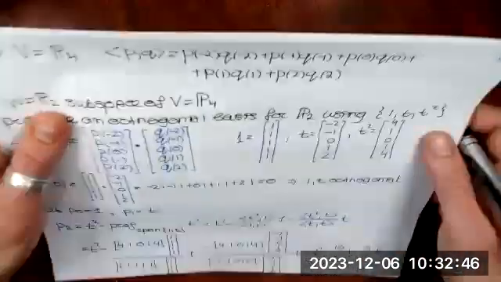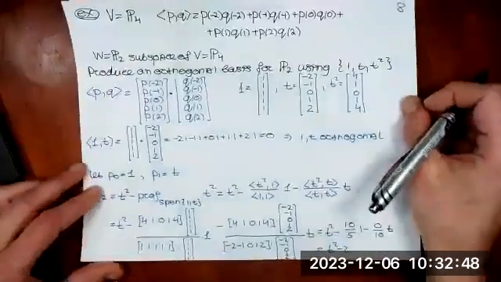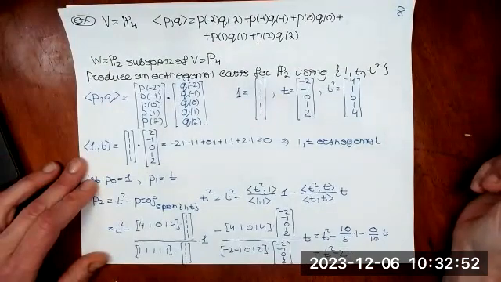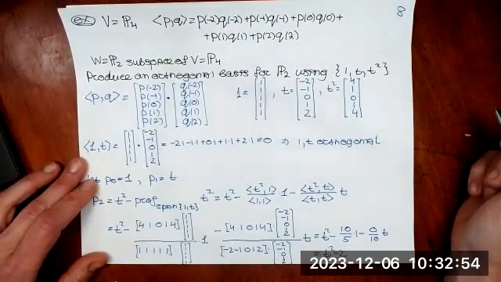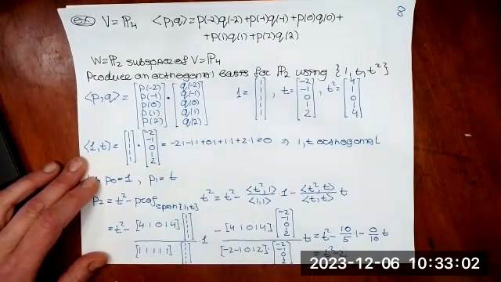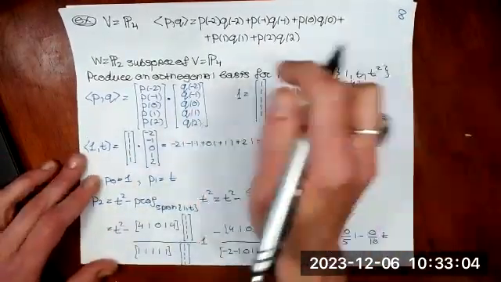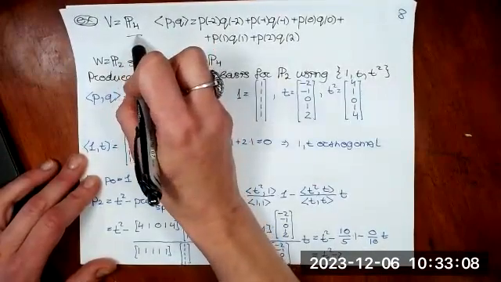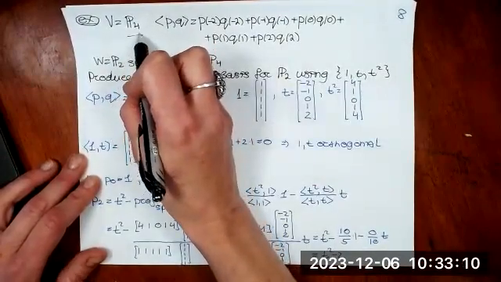We can practice a little bit with different inner product definitions and how to apply those theorems using different inner product definitions. So here I have P4, a vector space of polynomials of degree at most 4.